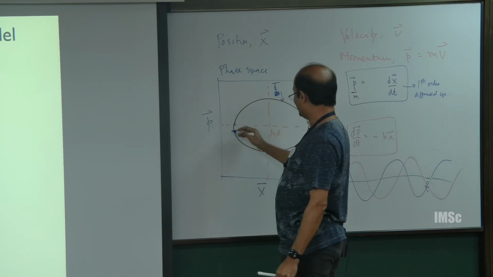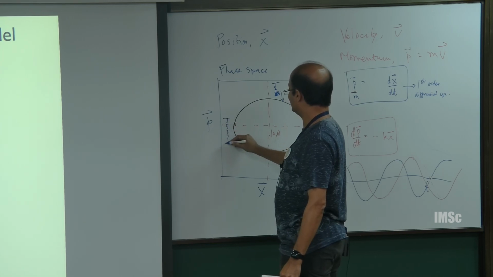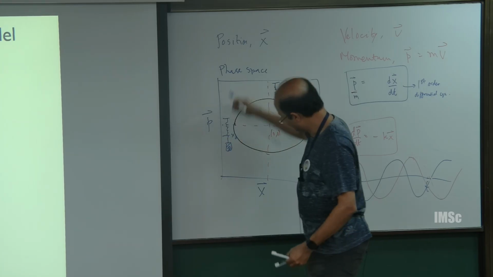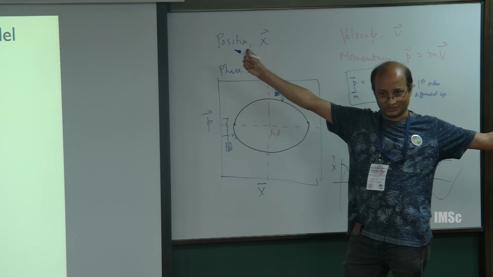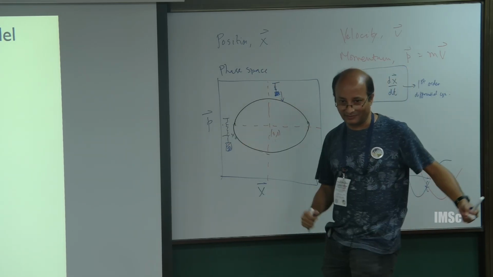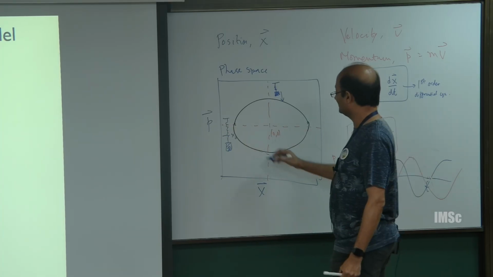As I expand, I eventually come here where I've reached the furthest stretched point. This is x naught, and this has now expanded the most. At this point, my velocity has gone to 0 because I'm about to return, and so my p is going to be 0.